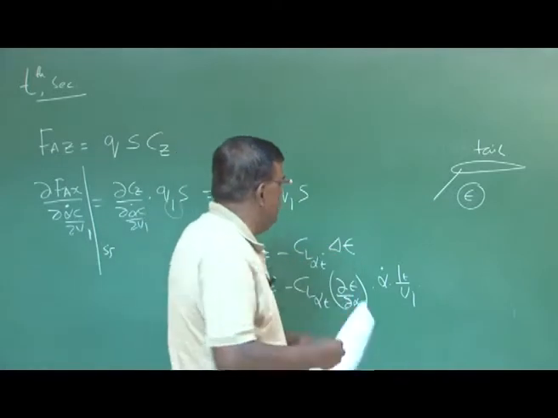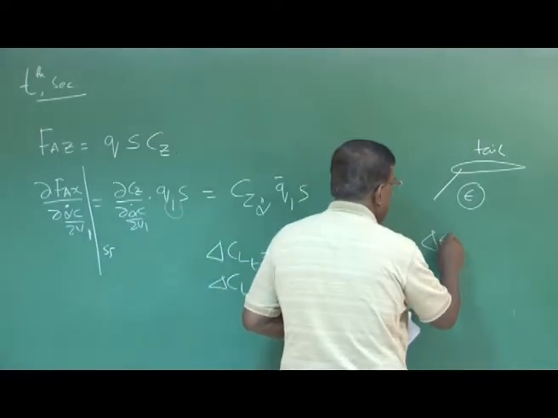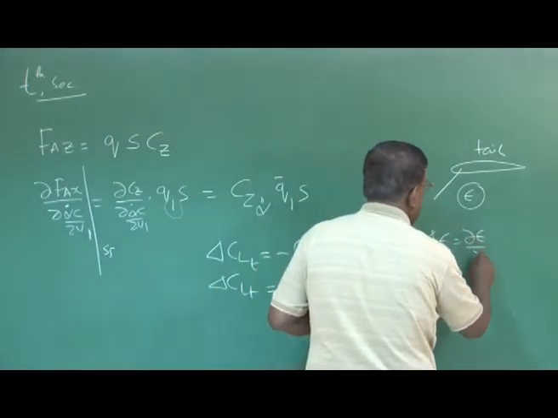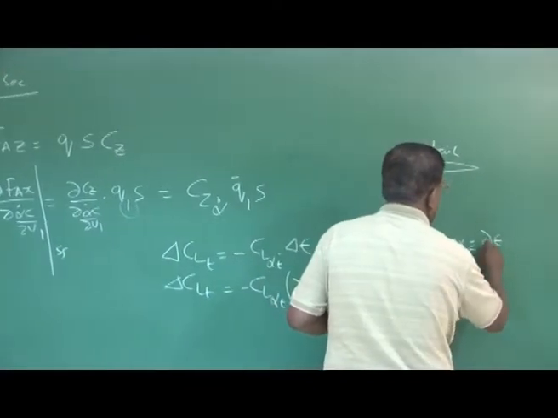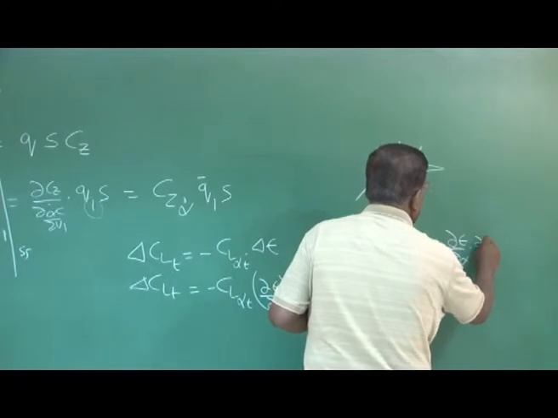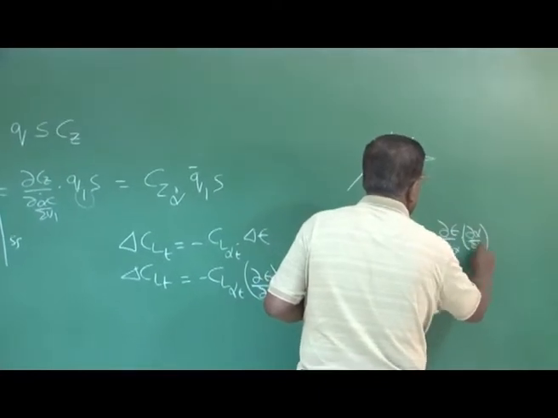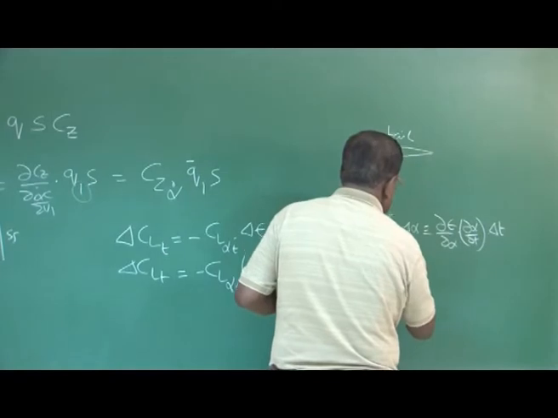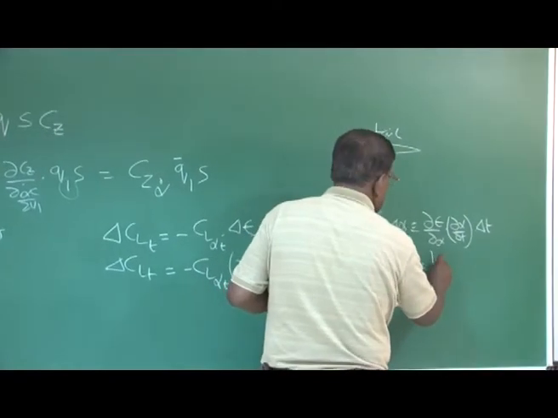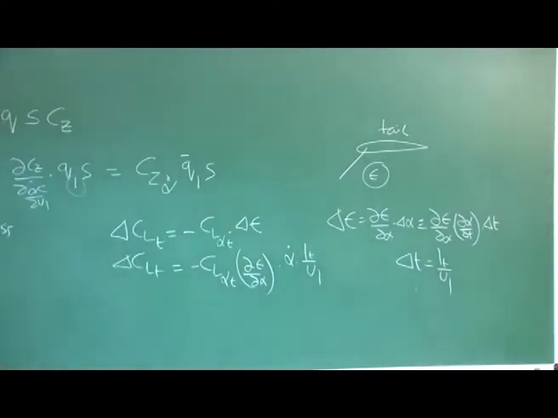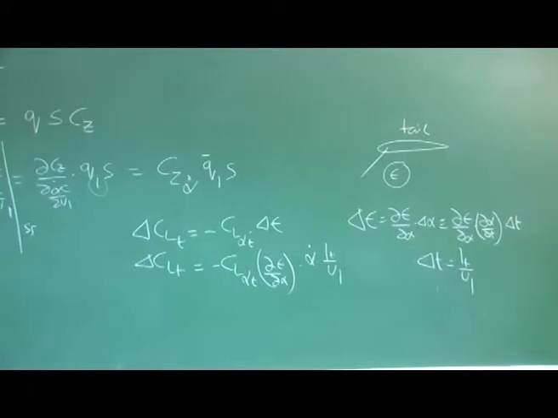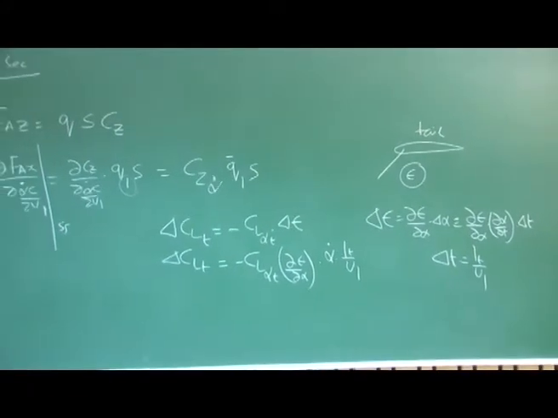Delta epsilon is nothing but d epsilon by d alpha into delta alpha, which I can write as d epsilon by d alpha into d alpha by dt into delta t, and delta t you are assuming as LT by U1, although initially we took the distance from the AC of the wing to the AC of the tail, but we are doing an approximation.